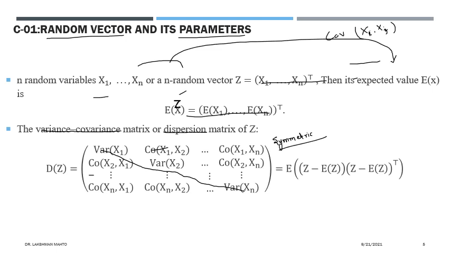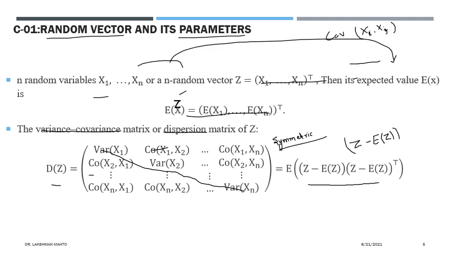And definitely this second concept I am going to discuss is about the variance covariance matrix. This variance covariance matrix can be written as the expectation of the outer product of the vector z minus expectation of z. z is an n vector, and expectation of z is also a fixed vector, and hence z minus expectation of z is again a vector.